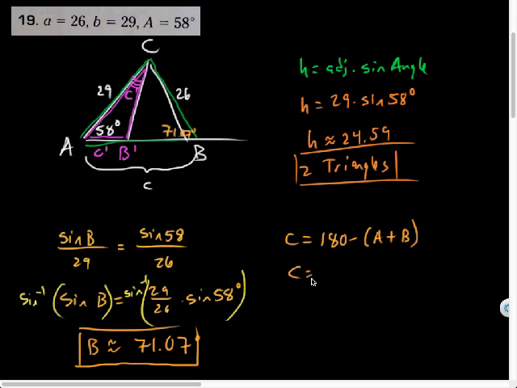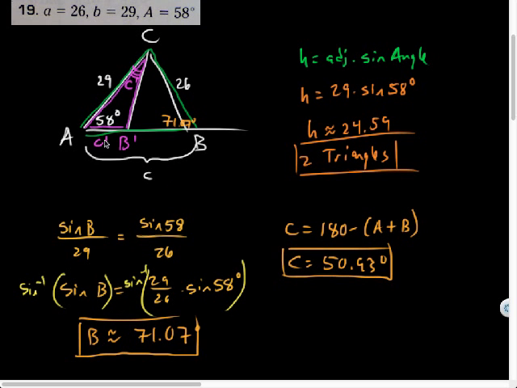So 180 minus parentheses, second answer, plus 58, close parentheses, is 50.93 degrees. And now I could find little c, this version of it, because I just found angle C, being 50.93 degrees.